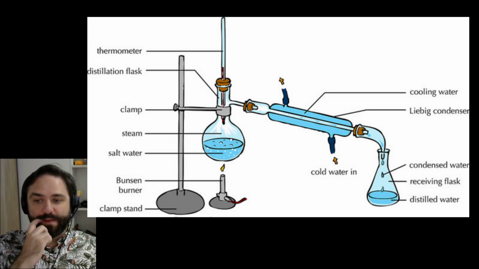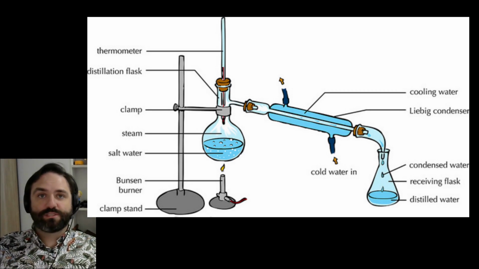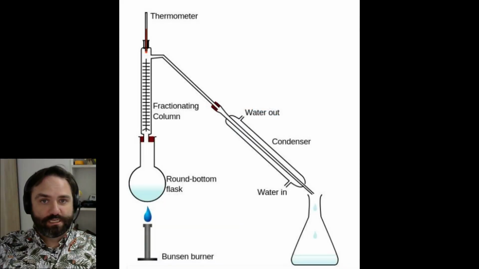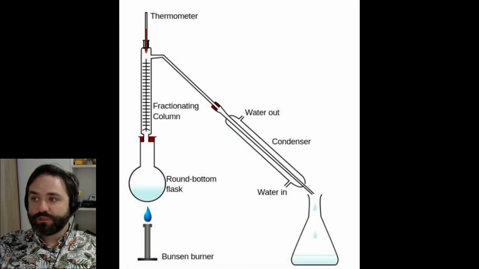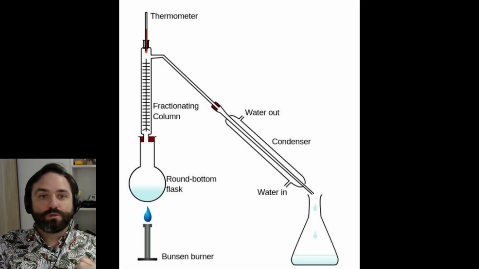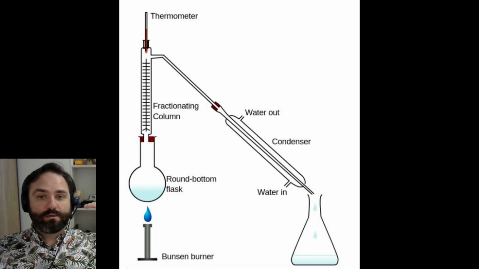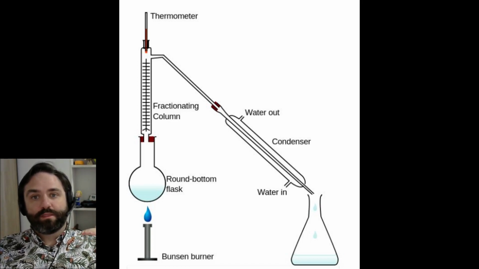However, if you have a more complicated mixture, or a mixture of liquids, then you can use fractional distillation. Fractional distillation is used to separate crude oil, and it is a very similar setup to simple distillation, but you include a piece of equipment called a fractionating column. A fractionating column is cooler at the top and warmer at the bottom.